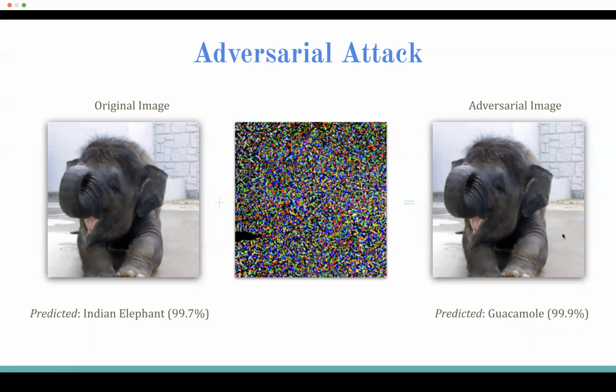Now, if you see the image on the right, to you and me, this is still the same image, right? There's no difference. But now the model predicts guacamole with even better confidence than before. The only difference is I have added some noise to every pixel, but the magnitude of the noise is so small that it doesn't really change the image, because our human vision has some tolerance.